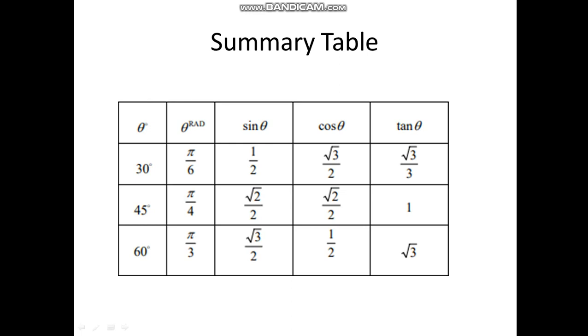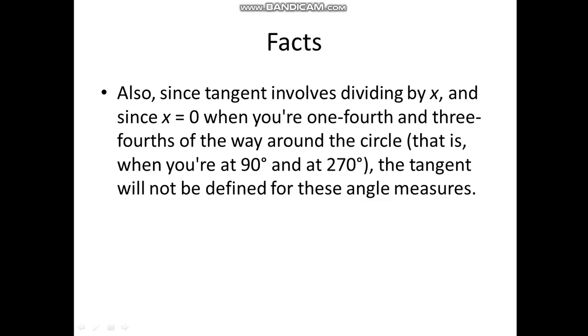In the course of this study, you will see how all these angles are related, and it also establishes the fact that since tan involves dividing by x, and since x equals 0, you discover that 1/4 and 3/4 of the round circle, which is 90 and 270 degrees, are undefined.